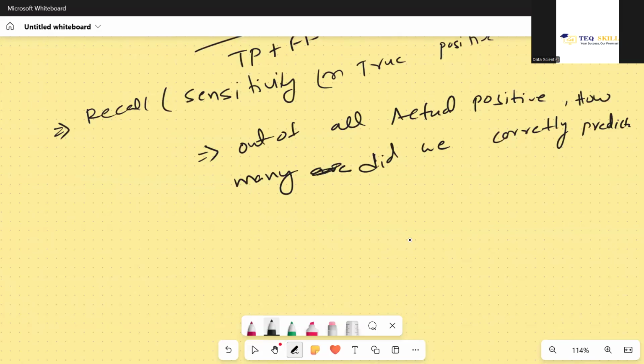For that, the formula is true positives by true positives plus false negatives. This is the recall formula.